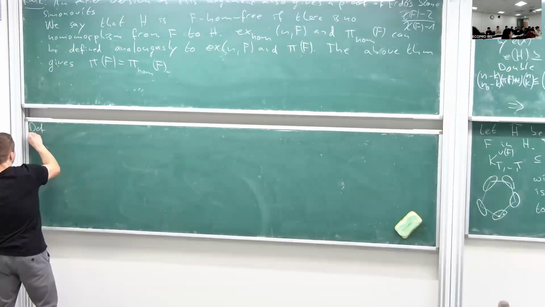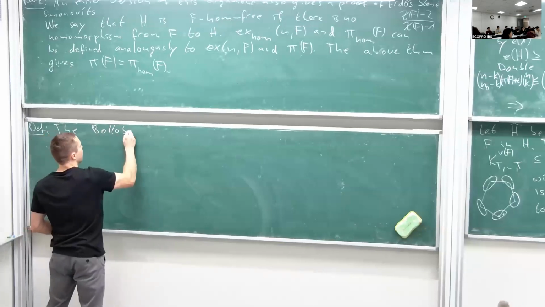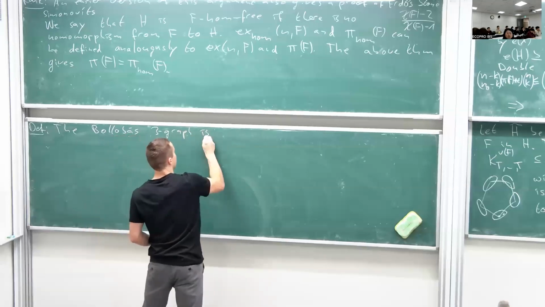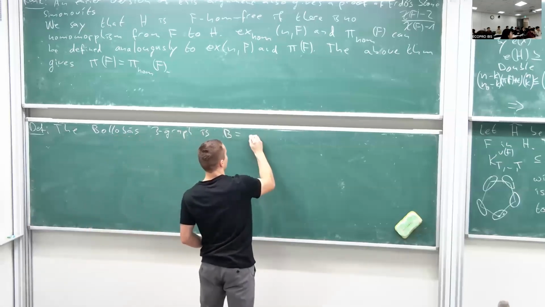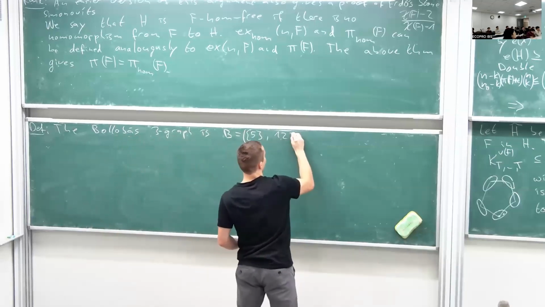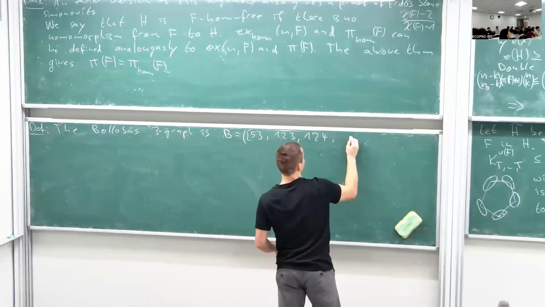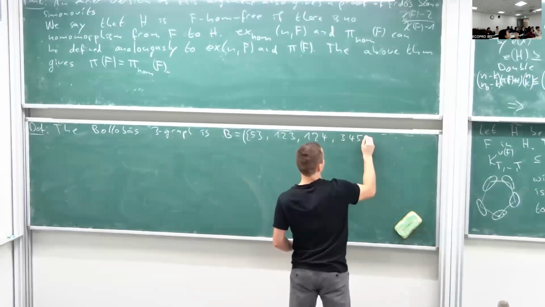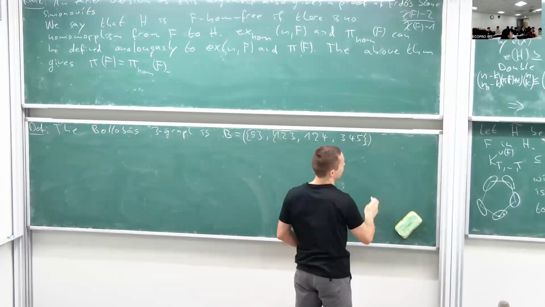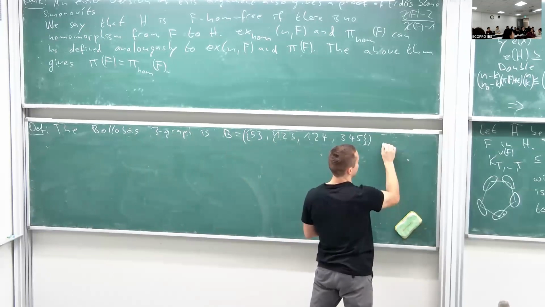So the Bollobás B is a graph on 5 vertices with edges 1, 2, 3, 1, 2, 4, and 3, 4, 5. Okay, so what does that look like? We have 5 vertices.